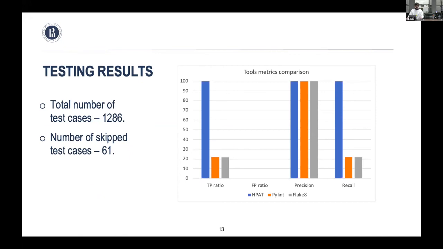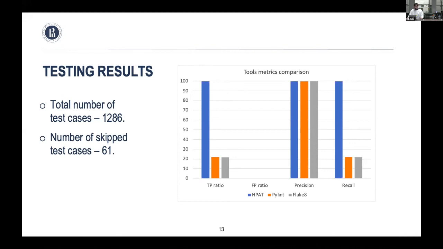The test suite contains 1,286 test cases, and 61 of them are skipped. That means that the static analysis tool doesn't run on them, but we plan to add support for them in the future.